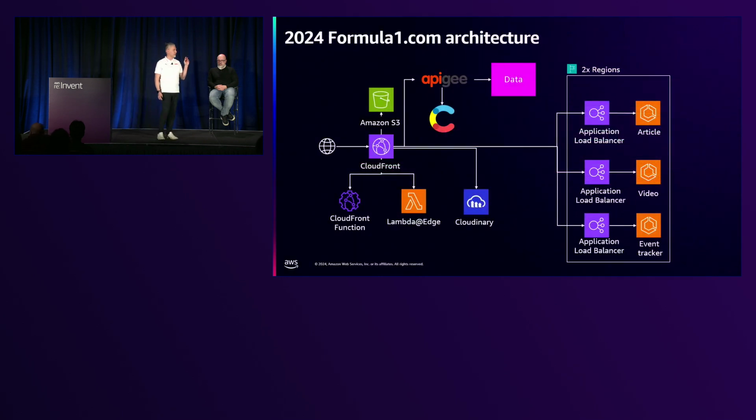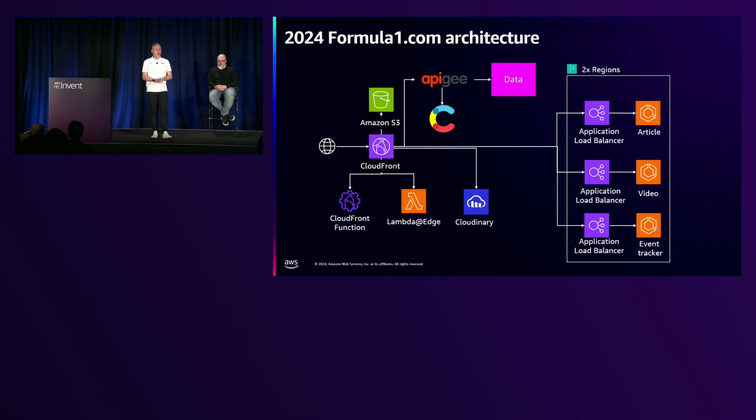All the EC2 boxes on the right-hand side have been replaced by a bunch of ECS clusters, each one representing a page of the Formula1.com website that aggregates a number of micro-frontends and is fronted by an application load balancer. Routing is done by CloudFront functions, and you see the two new systems as well.